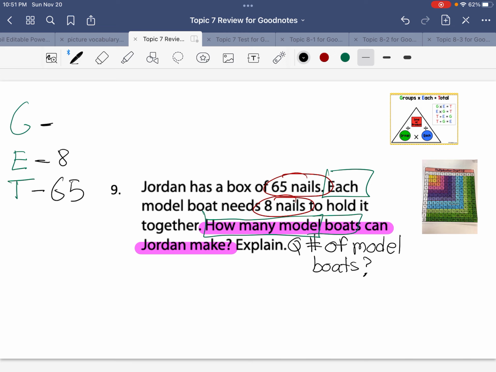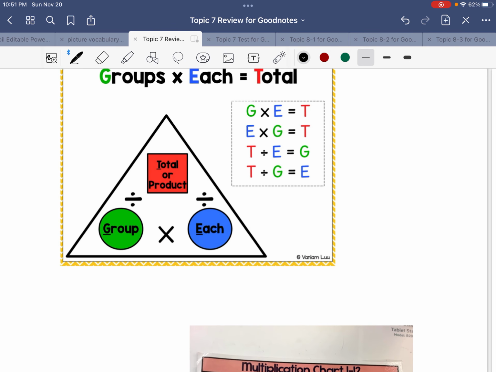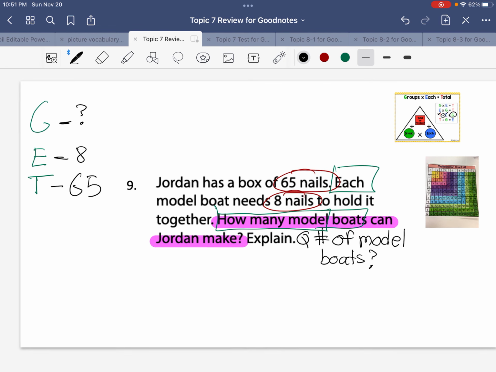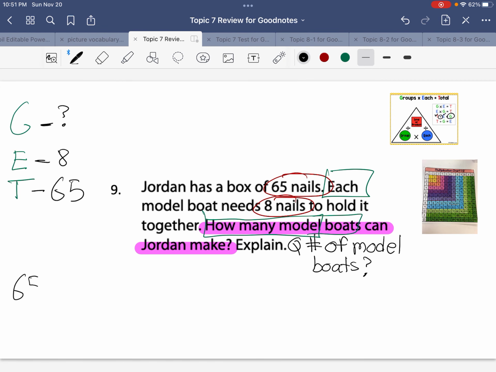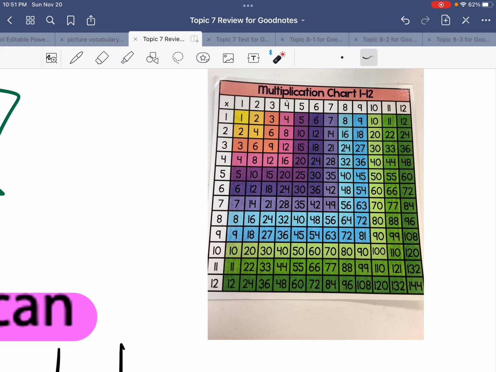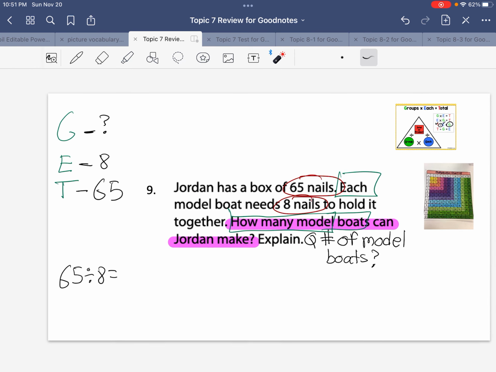My groups, I do not know. So again, if I know my total, I know my each, but I'm looking for my groups, I'm going to divide. Okay, so I'm going to be dividing 65 divided by 8. And if I look in here, I go down to 8. There is no 65. I have 64, I have 72, but no 65. So I'm going to have to draw.